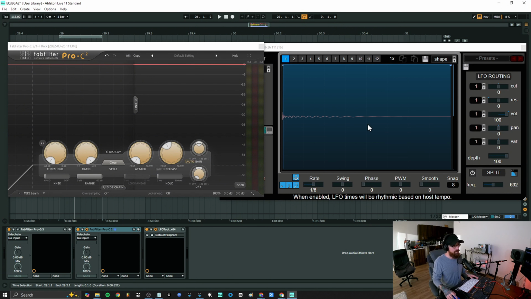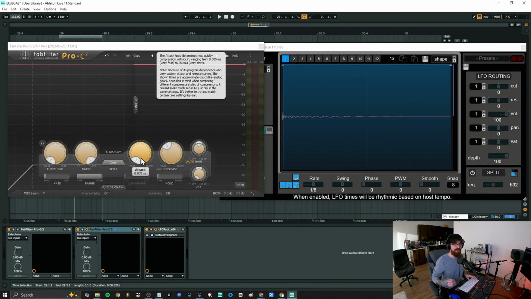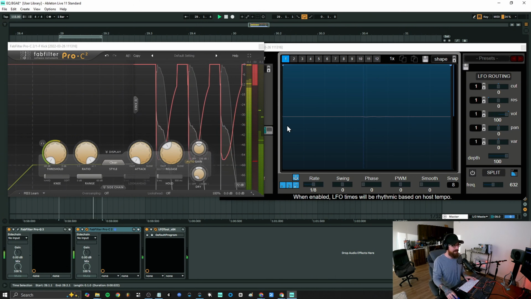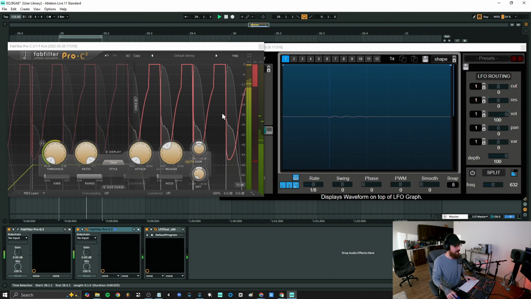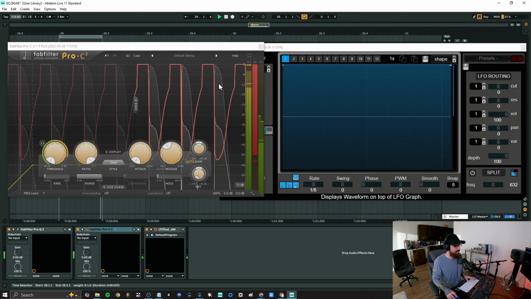So if I know that my kick drum is actually 130 milliseconds long, and I use an attack time of 0.005 milliseconds, there's going to be absolutely no kick drum that escapes this compressor. As you can see here, we have an instantaneous drop in gain or an instantaneous rise in compression.